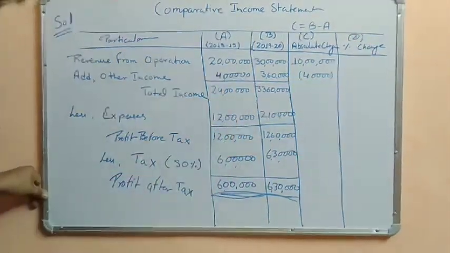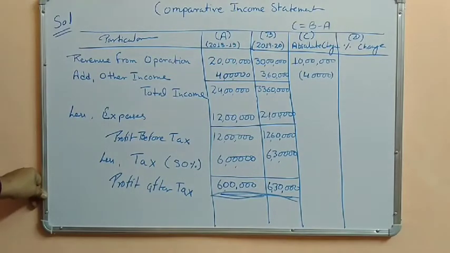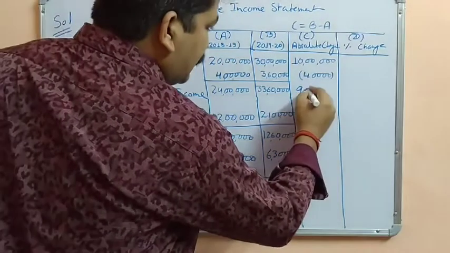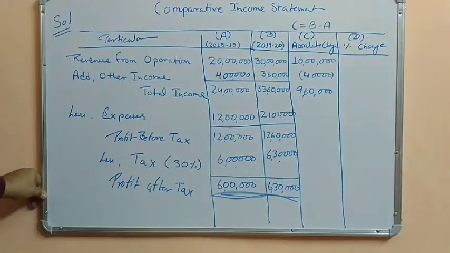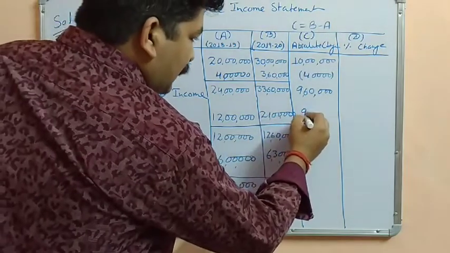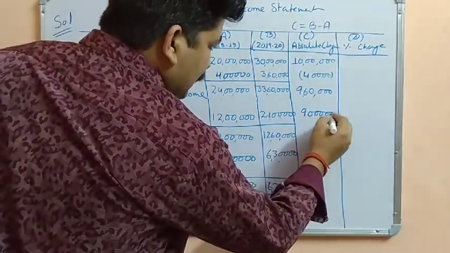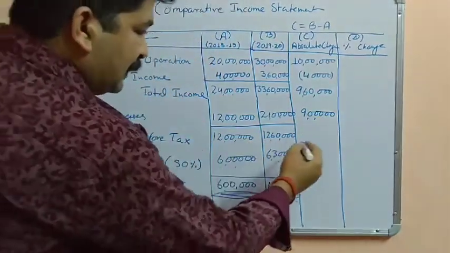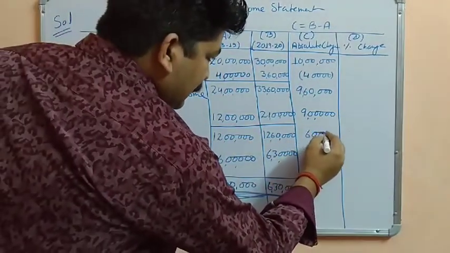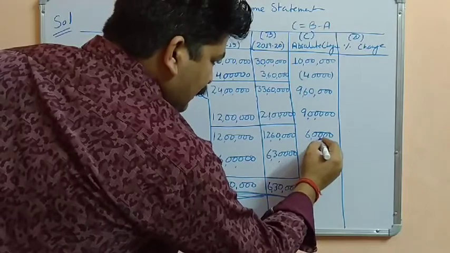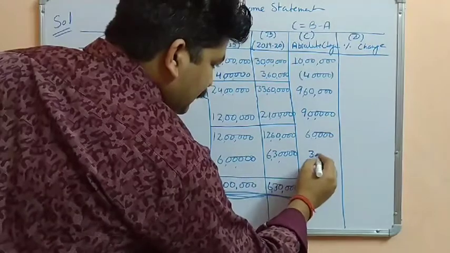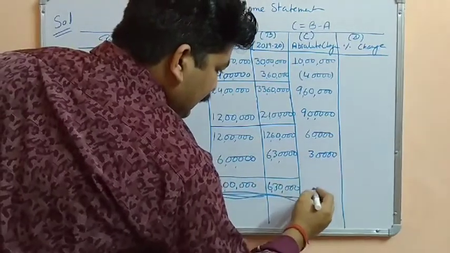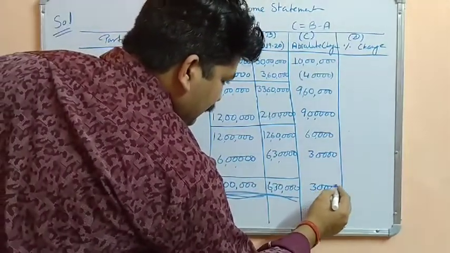Here once again we will subtract and we will get 9 lakh 60,000. Then here 30,000. And finally we will get again 30,000.